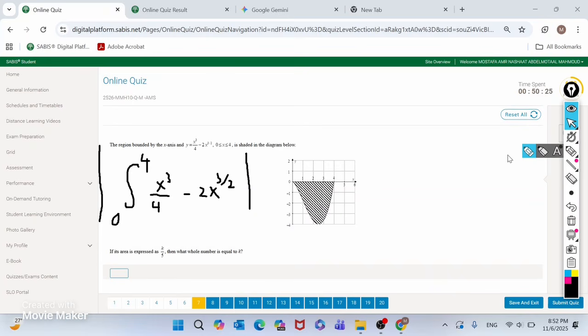So yeah, 0 to 4, x cubed over 4 minus 2x to the power of 3 over 2. Well, the calc is taking its time.